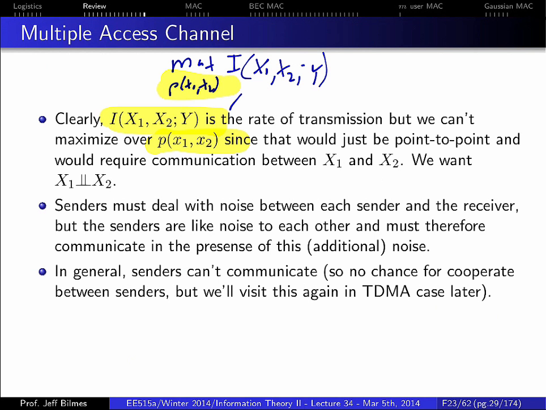It means that x1 and x2 need to communicate with each other. They need to be correlated. We're not really allowed to do that. What we want to understand is the communications capacity. We might instead maximize over the product distribution here, where this is a product distribution.